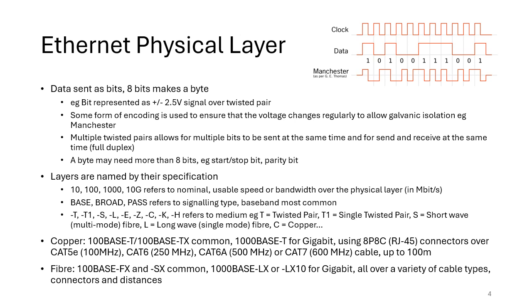We can have fiber networks for longer distances, and these can also be used as the backbone of a copper network. So common ones are 100 base FX, 100 base SX, but we can also get 1000 base LX or 1000 base LX10, those are gigabit networks, and they're all used over a variety of different cable types with different connectors and supporting different distances depending on the transmitter type used and the actual properties of the physical fiber itself.